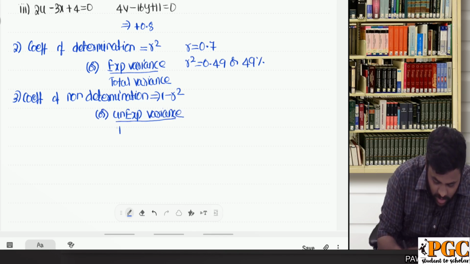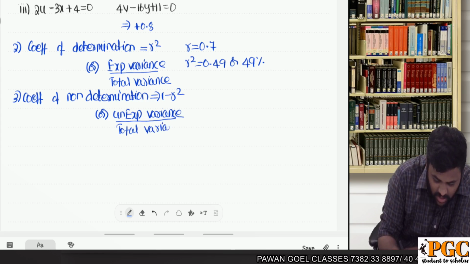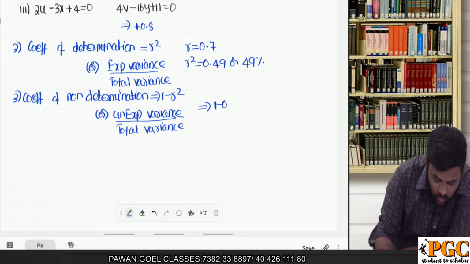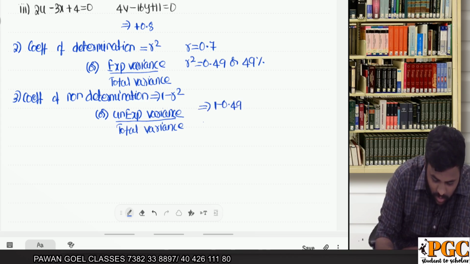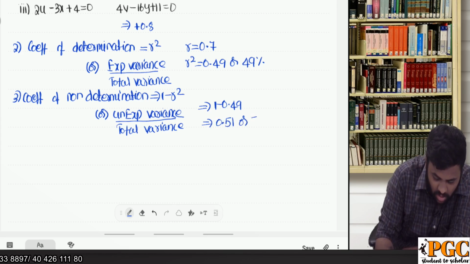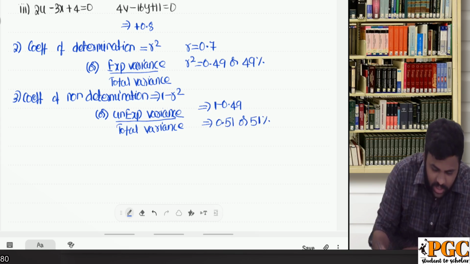What is the formula, my dear friends? Unexplained variance divided by total variance. In this case, 1 minus 0.49, which is equal to 0.51 or 51 percentage.